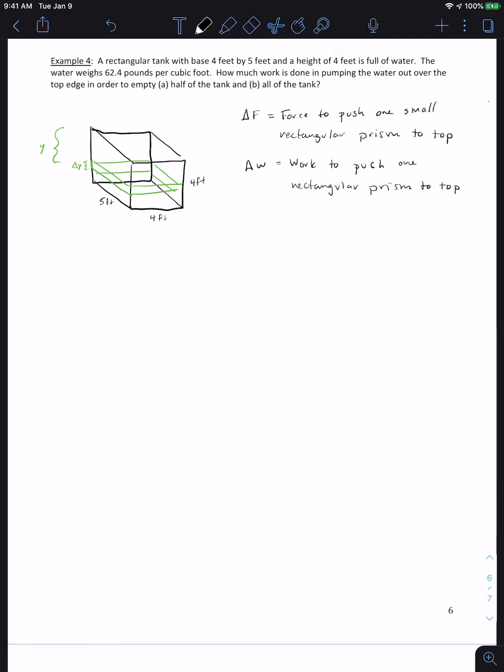Okay, so we've got our variables there. We know what we're looking at. So now let's find the volume, and then we'll find the force, and then we'll find the work.